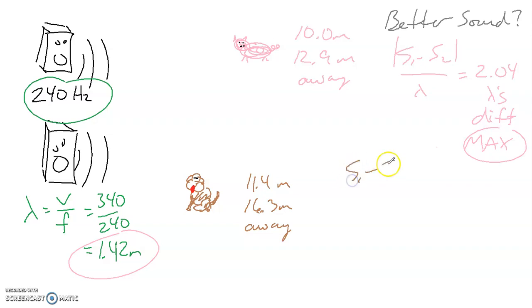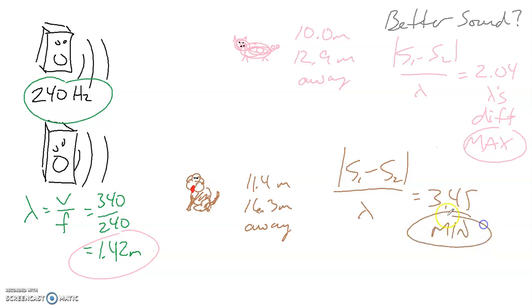Okay, so now let's do the same thing for the dog. I'll do S1 minus S2 over lambda for the dog and see what he gets. For him I get around 3.45. So that's terrible because that's almost a minimum. That's almost 3.5. 3.5 would be a perfect minimum. That half is what you don't want.